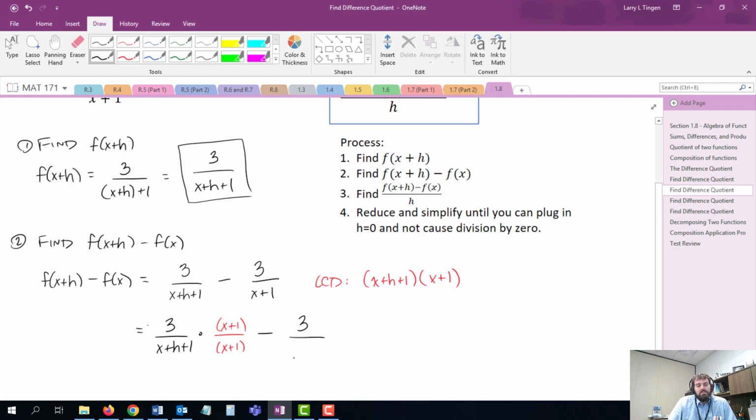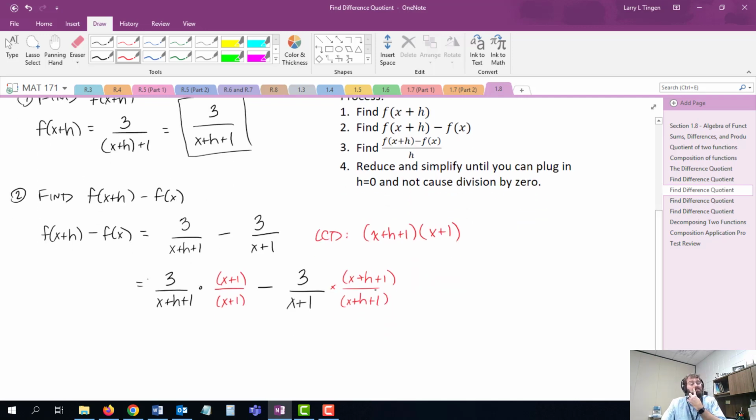My second fraction has x plus 1 in the denominator. I need x plus 1 times x plus h plus 1. Again, same rule. If I multiply the top and the bottom by the same thing, I'm technically multiplying by 1. So what do I get?